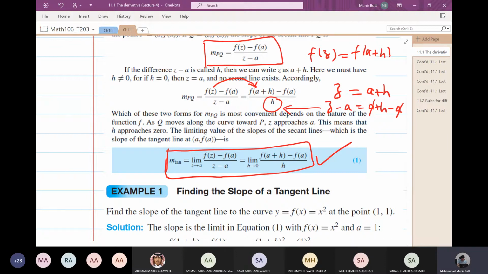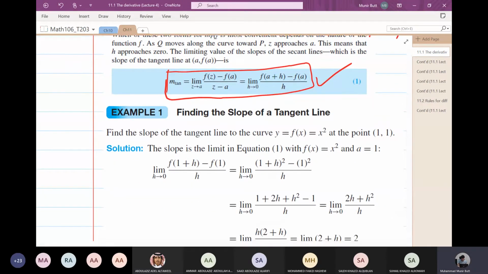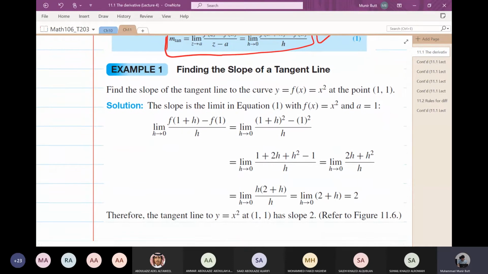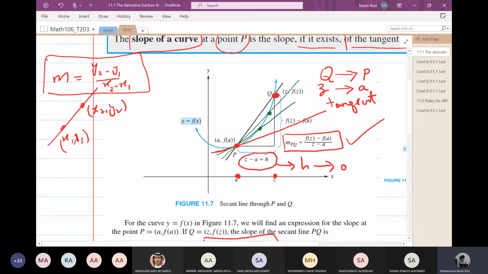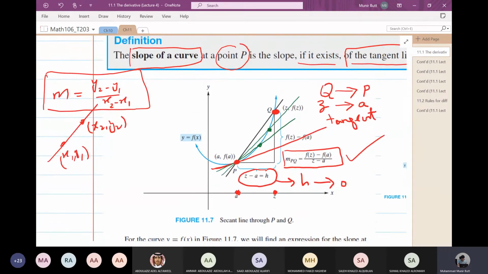Okay, so don't worry, because this is a new concept. That is why it takes some time to understand. But the idea is very simple and also very interesting. First of all, you know the slope of the secant which is on the curve, and then you move this point Q towards P, and the slope at that point on the curve is actually the slope of the tangent.